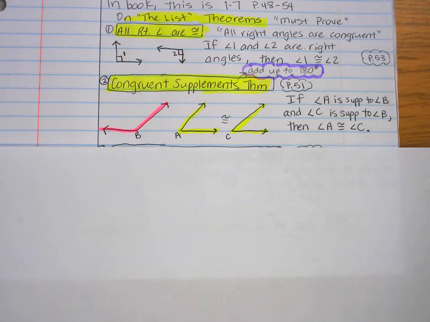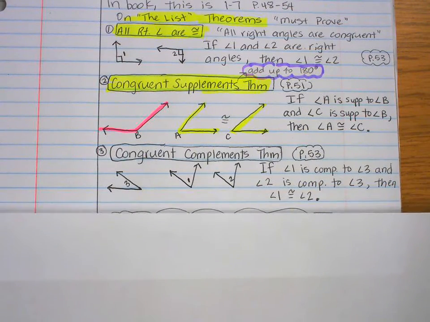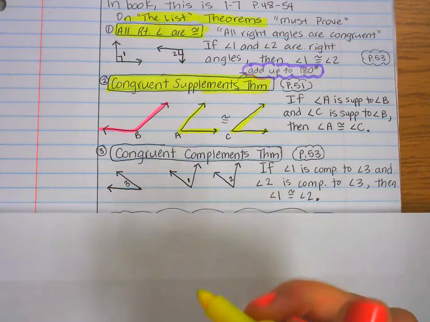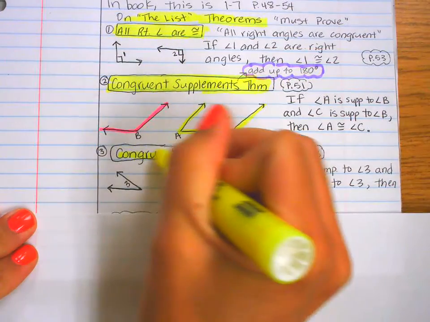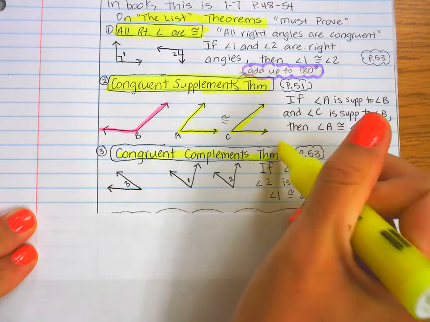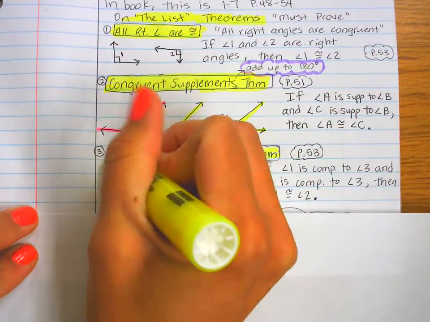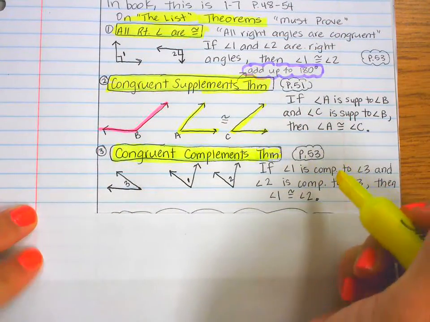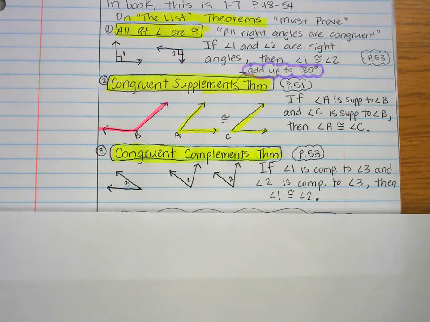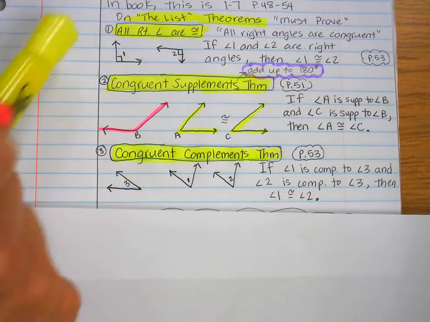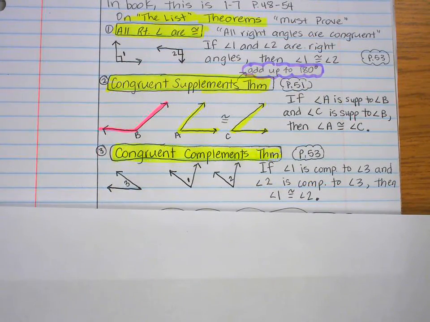Okay, and then we've got this one, which is really similar. It's the congruent complements theorem. Same exact thing, except we're talking about complementary angles. It's on page 53 in the book, but on our list, it's number 3. So I went in order of the list, 1, 2, 3.